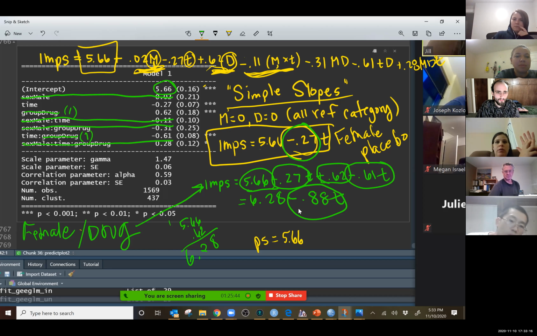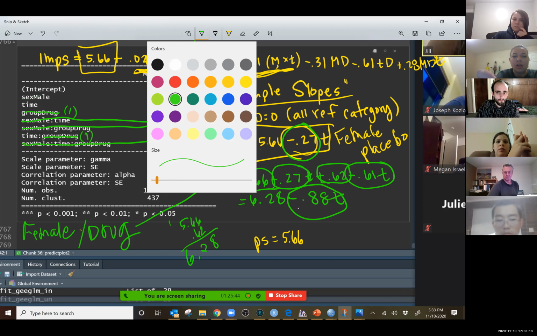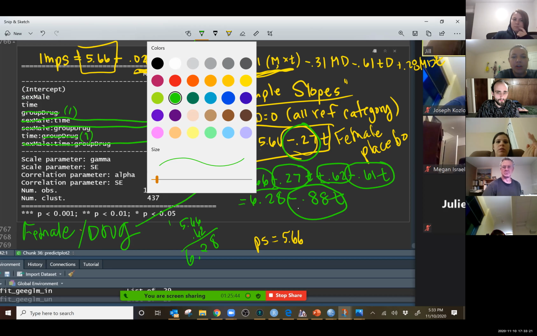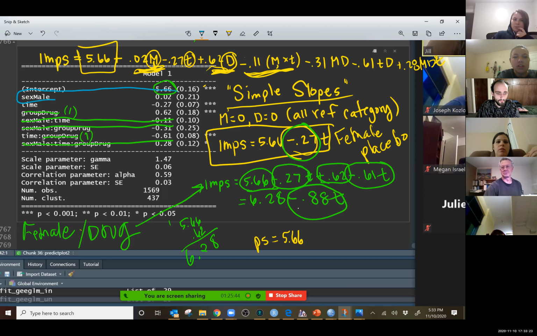So this 0.02 is telling us that collapsed across all time and both drug and placebo groups, men are 0.02 higher. Is that for time 0 and drug 0, right? No, it's collapsing across all times and all drug and placebo, which is really a meaningless thing. Why would we care?